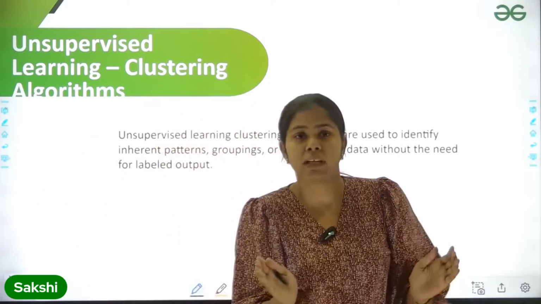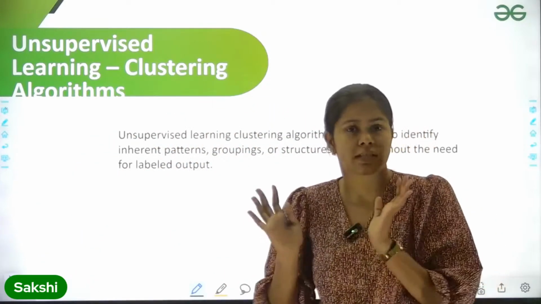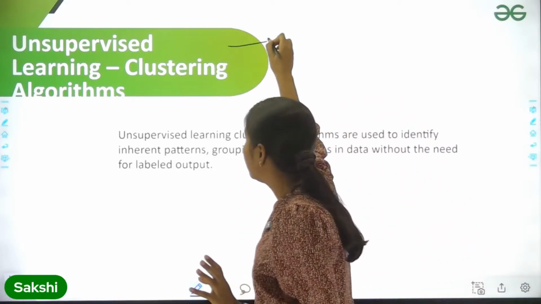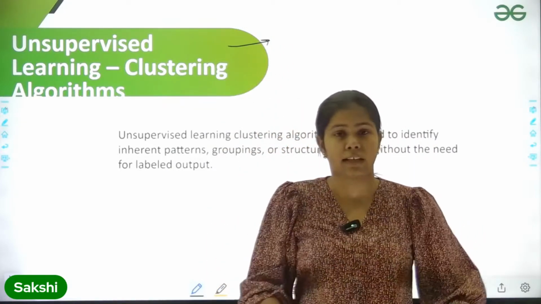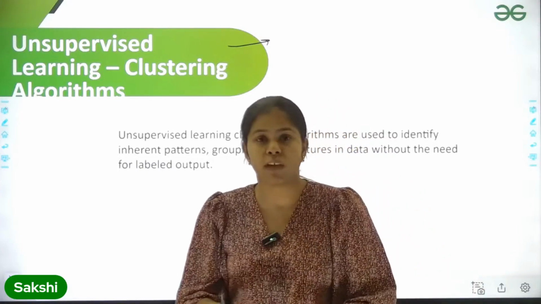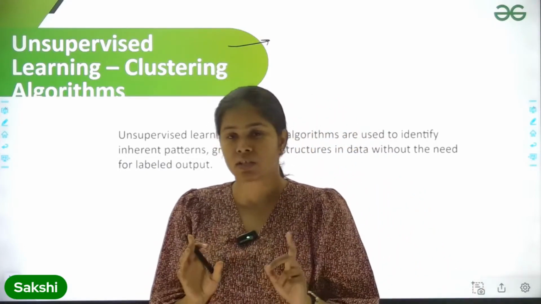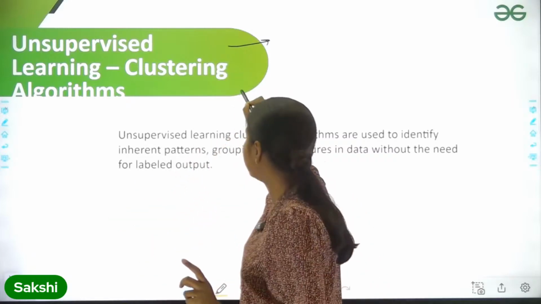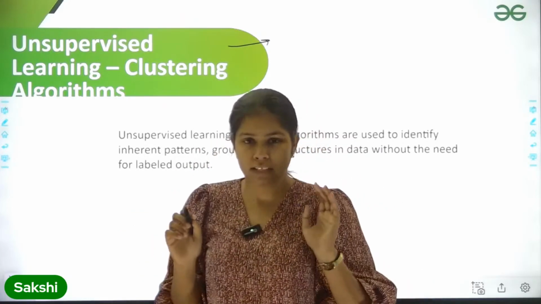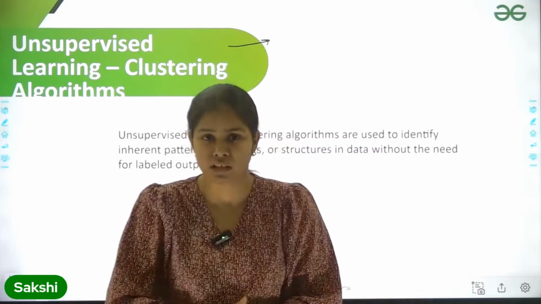So what is happening here? That means we have formed a cluster, right? We form a cluster so that we can work on unsupervised learning, using a clustering algorithm. So in this session we are going to discuss the first clustering algorithm, that is k-means, and in further sessions we are going to discuss more clustering algorithms.